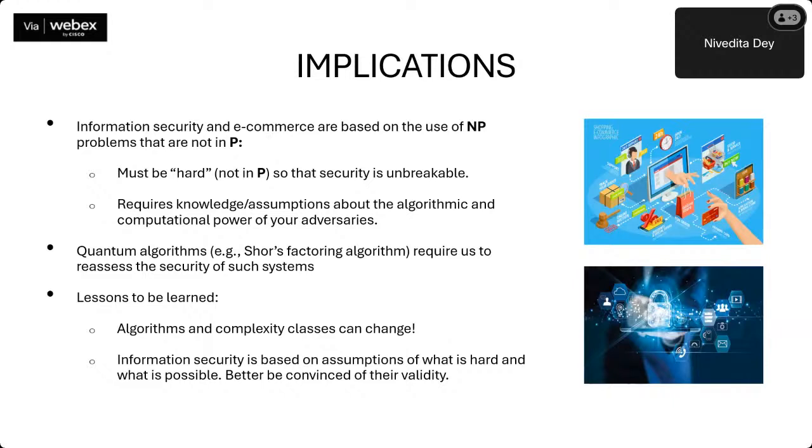Also know one thing: just like your deterministic machine works on a deterministic algorithm, a non-deterministic machine or a quantum machine needs a different kind of algorithm. It cannot be your very well-known classical algorithm.